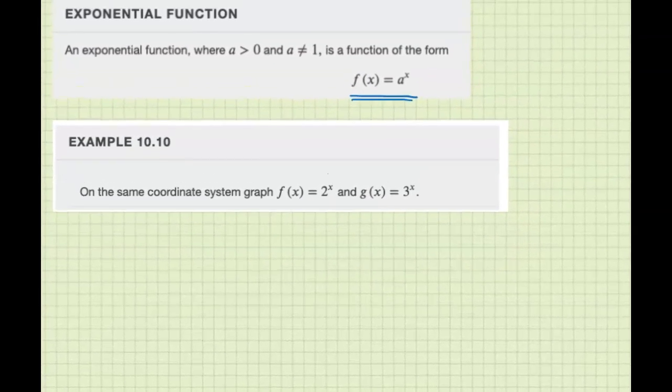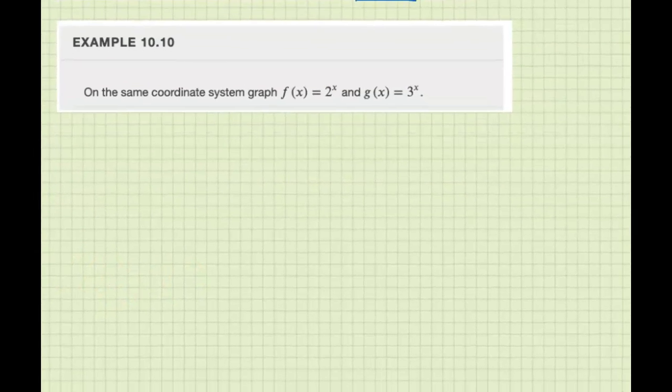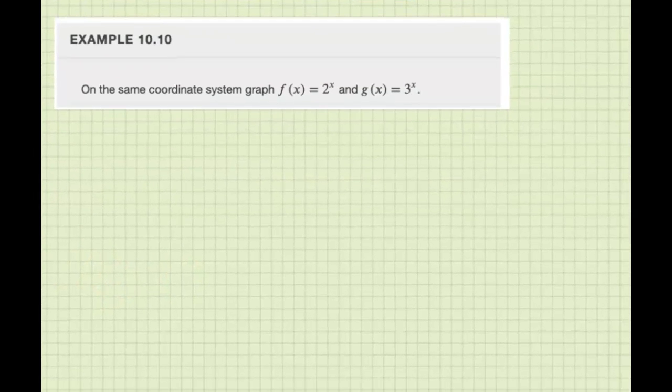So we're going to see what the basic graphs look like. On the same coordinate system, we're going to graph 2 to the x and 3 to the x. Okay, so let me make a coordinate grid here. I'll try to make it a bit better.